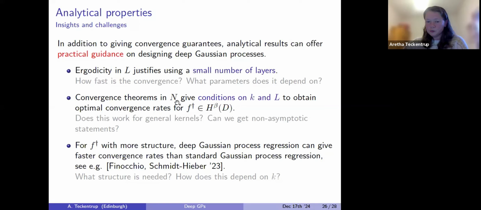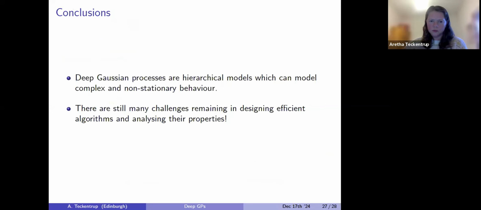The convergence theorems in terms of the training data also give you some conditions, in particular on the kernel that you use to construct the deep Gaussian process, and again, the number of layers. And there's also some more work here, which I didn't talk much about, but I'm happy to give more details if people are interested.